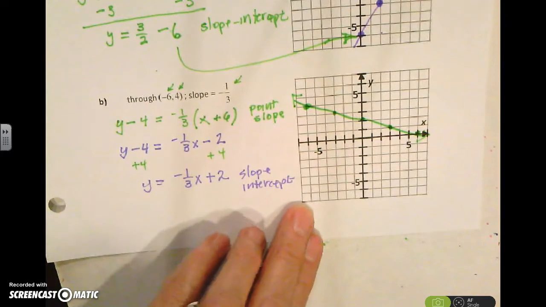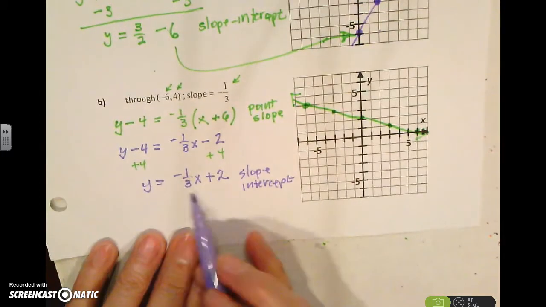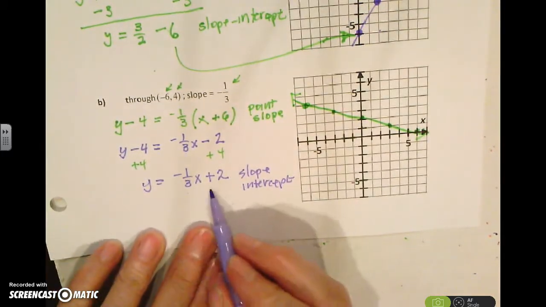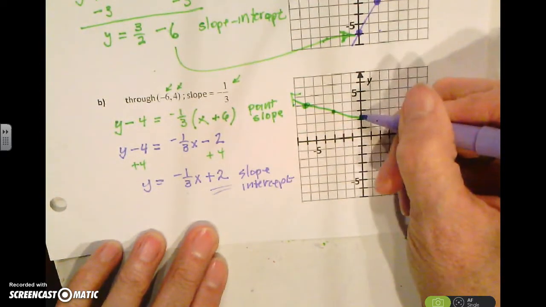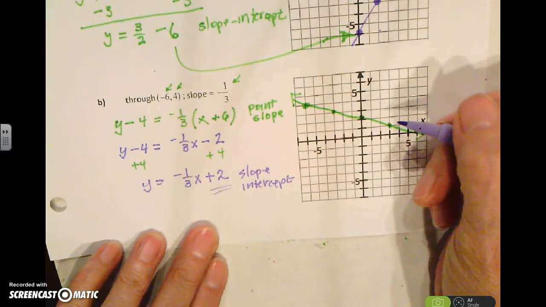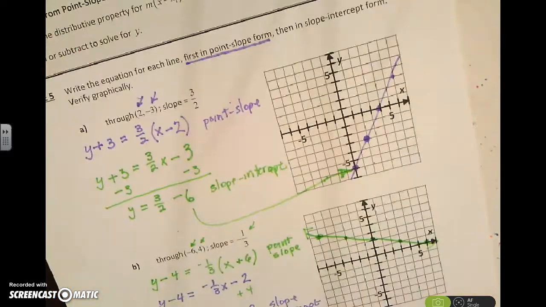So once I do that, I want to compare it to my slope-intercept form, and I see that my y-intercept is positive 2, which matches where my line crossed. So that double checks it.